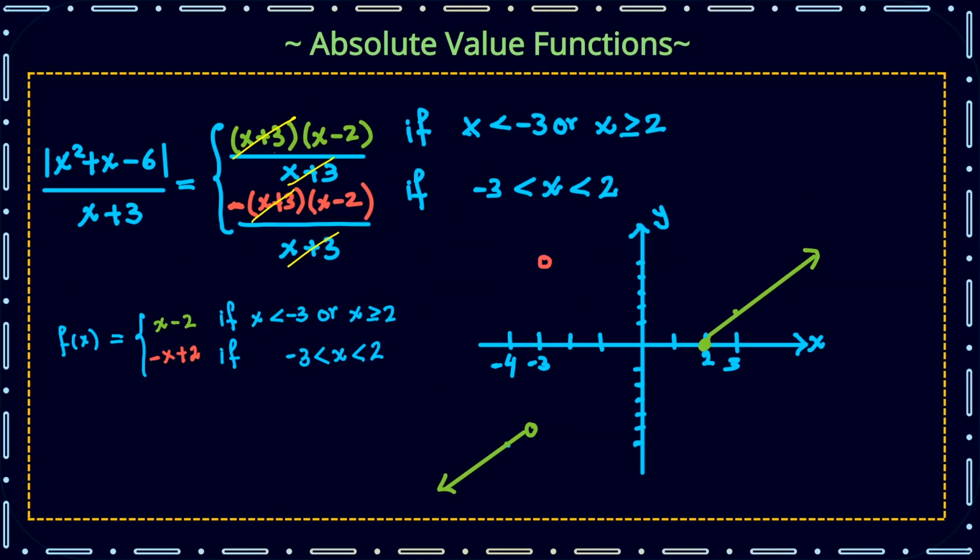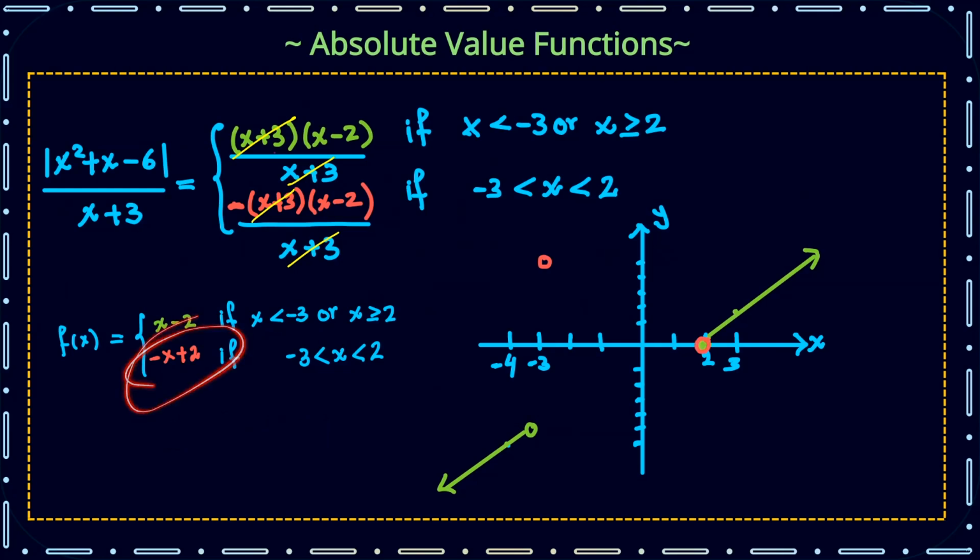I can choose the right end point of this interval, 2, to see where the line ends. Put 2 inside the line, you get negative 2 plus 2, that's equal to 0. So when x is 2, we get y equal to 0. 2, 0 is a hole according to that line.